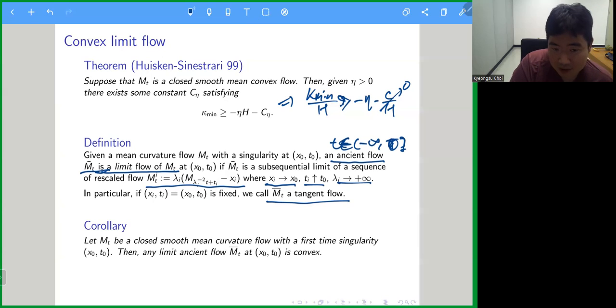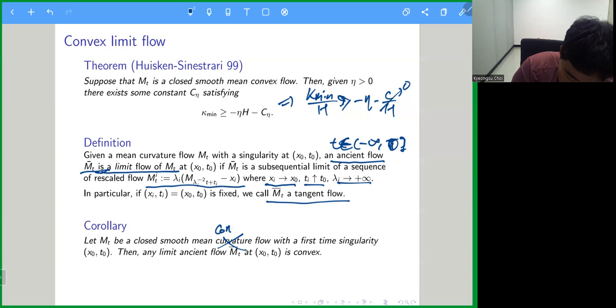And then some special limit flow, some specific limit flow. It is kind of a special case. And by using Huisken's monotonicity result, you can somehow show that if the initial flow is mean convex, to use that result you need the mean convexity, right?